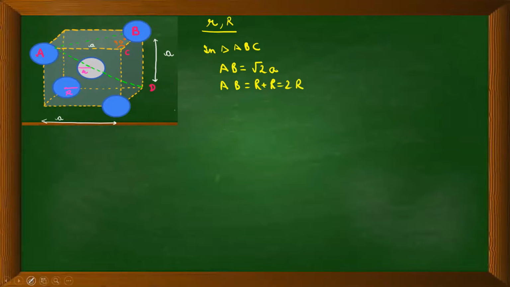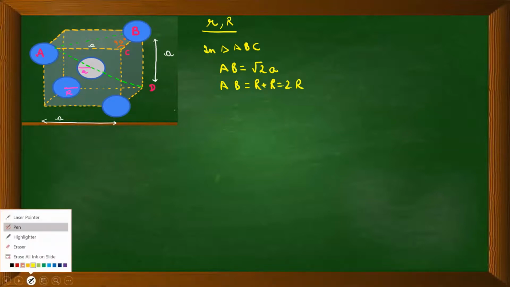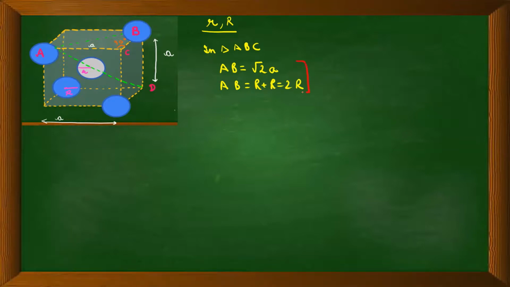And by equating these two equations, we get a new relation which is √2a equal to 2R. And इसको हमने नेम दे दिया equation 1.